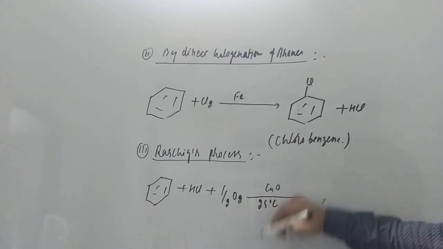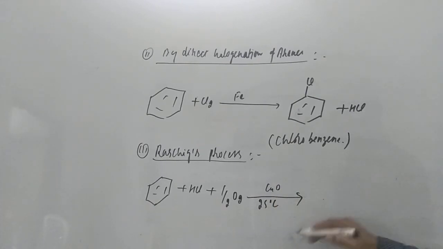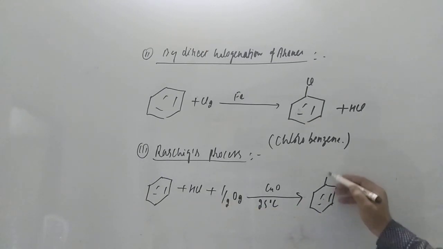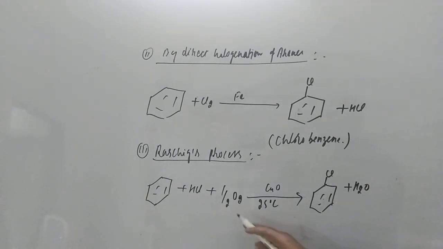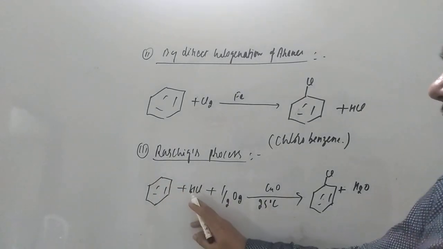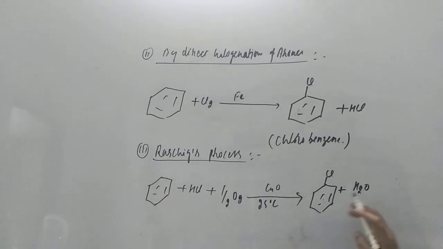It gives haloarenes. Cl simply adds on here, and along with that it releases a water molecule, one hydrogen from here and one here, and one oxygen. So this is the Raschig process.